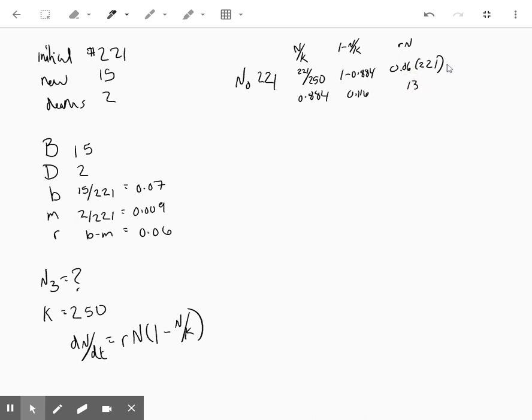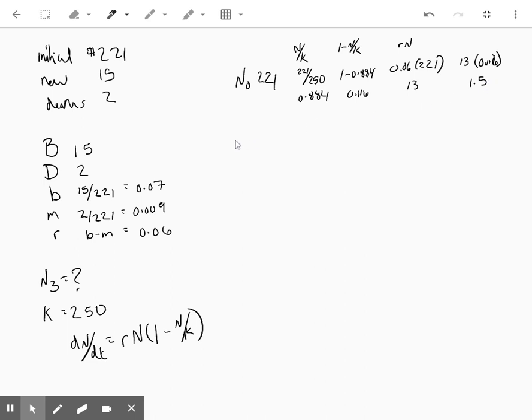And then finally, we're going to put everything together. So r times n, which was 13, times 1 minus the n over k, which is 0.116. And so that's going to give us a change in population size of 1.5.